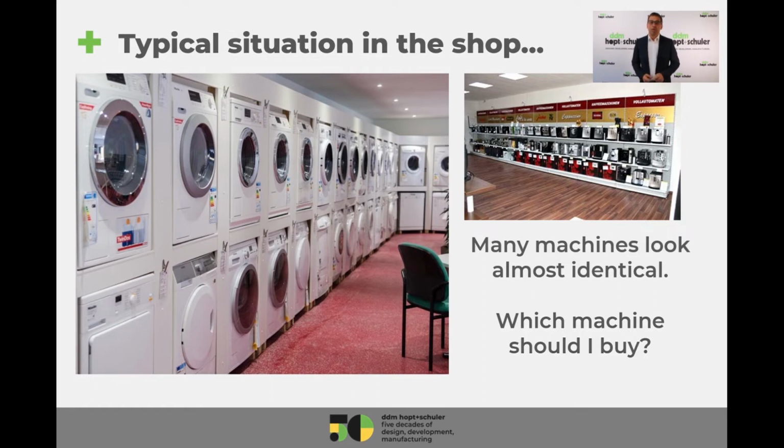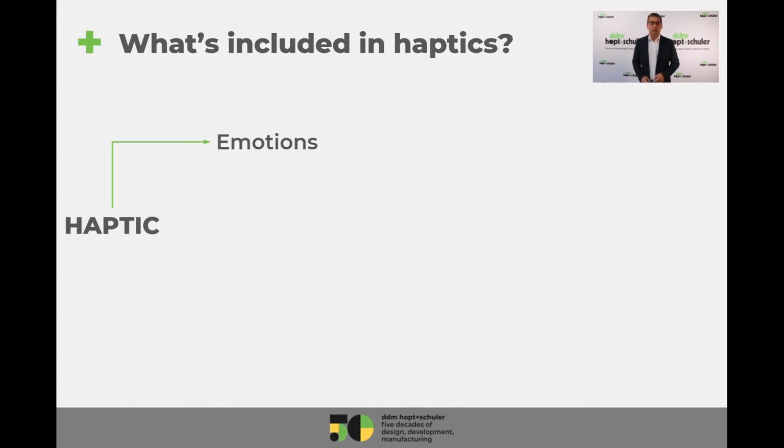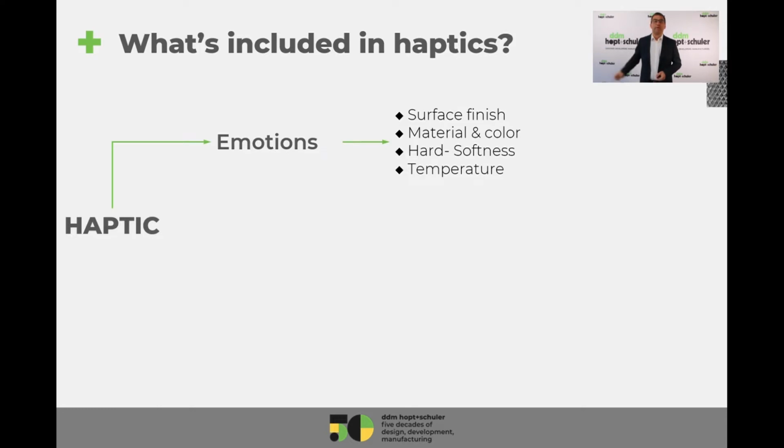So, what's all included in this haptic? First, we have the emotions. These are, let me say, the soft facts of an interaction. First, the surface finish. Is it roughly structured and easy to grip, or very smooth and therefore slightly slippery?